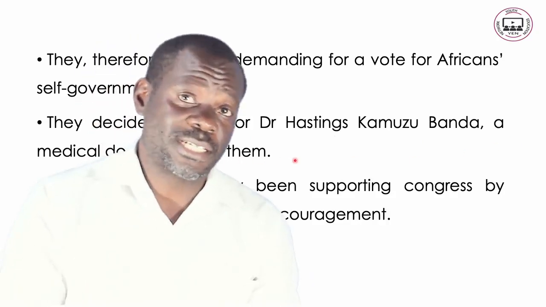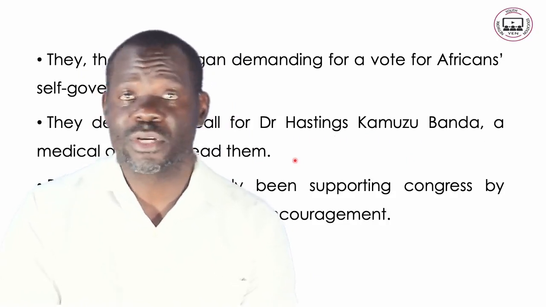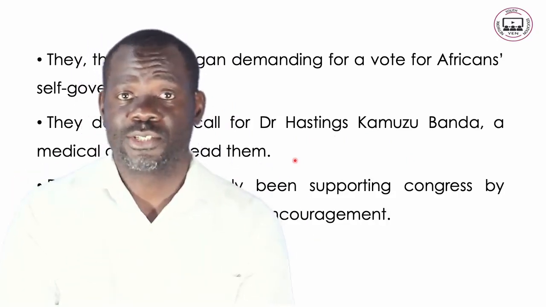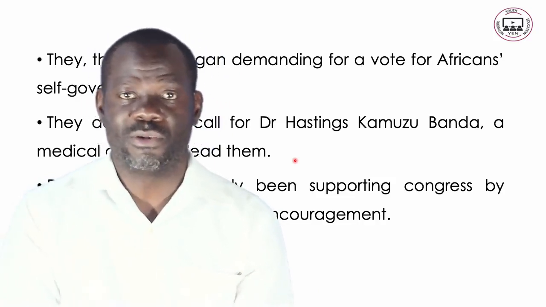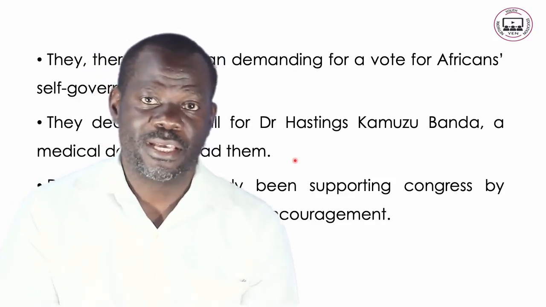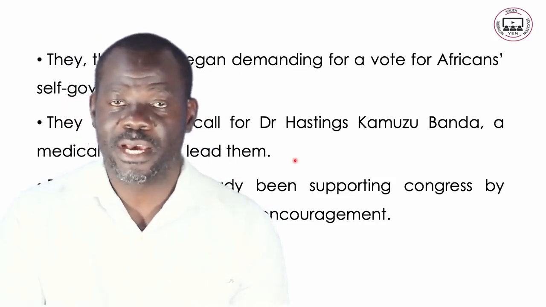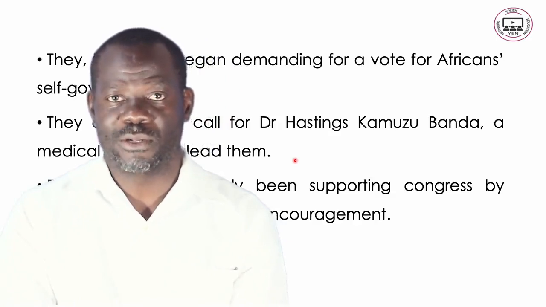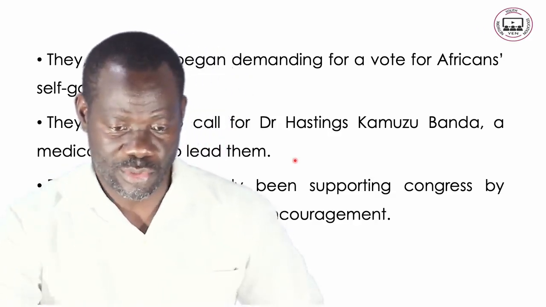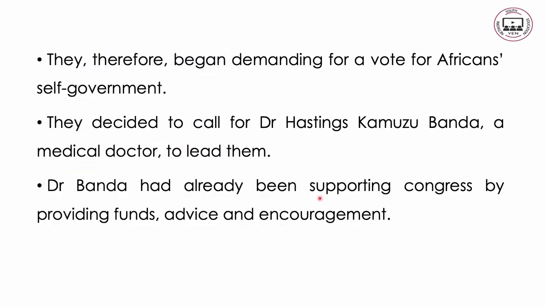Then later on they sat down and said, we need someone who has been exposed outside so that he should come and lead us. And then they identified Dr. Banda, who had been in America, in Britain, and in Ghana. So he had been outside for quite long. So they invited him. Dr. Banda had already been supporting the Congress by providing funds, advice, and encouragement.